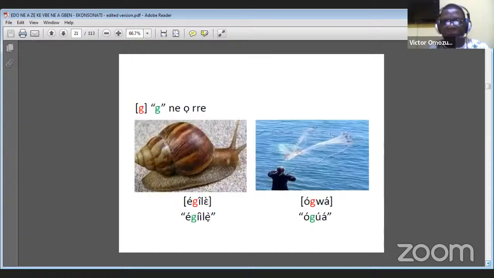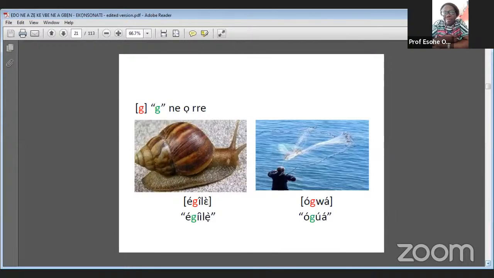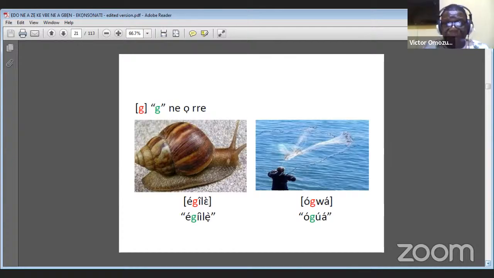We continue. Then, now we say Gi, no, egile. Ogwa is the net you use in fishing. Ogwa.